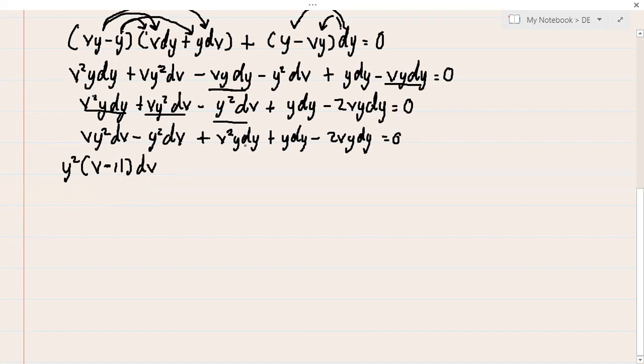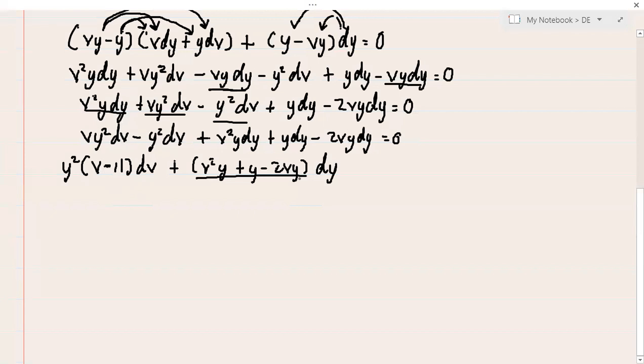Ayan. Tapos ito, on this last three terms, i-factor out ko lahat sila by dy. So magiging v squared y plus y minus 2vy, times dy. So dito, pwede ko ba kayang i-factor out dito si y? Kasi tingnan nyo to sa parenthesis, all the terms ay may y, di ba?